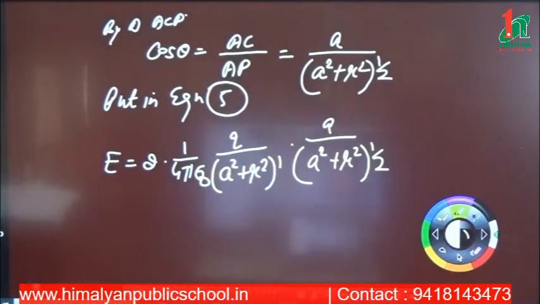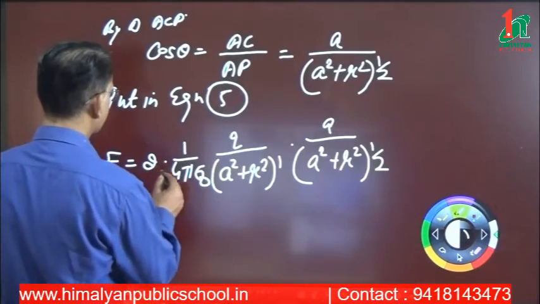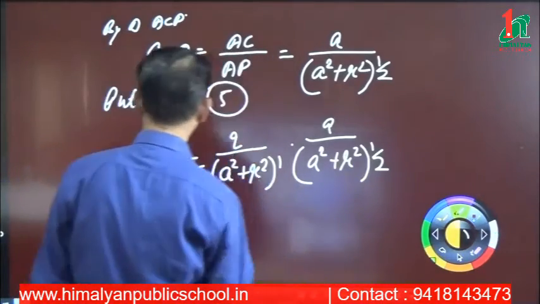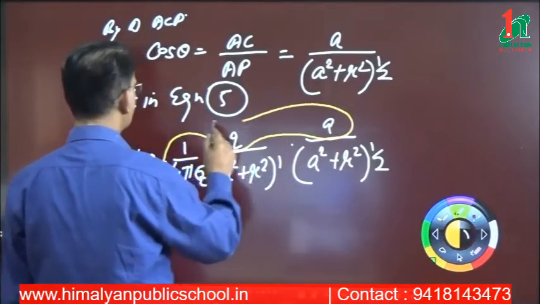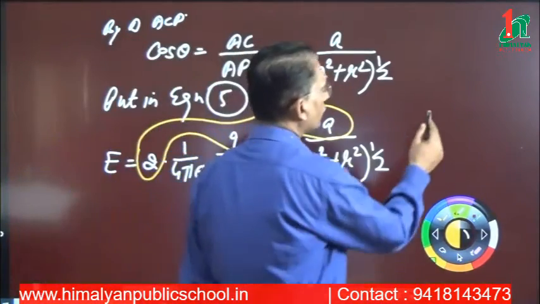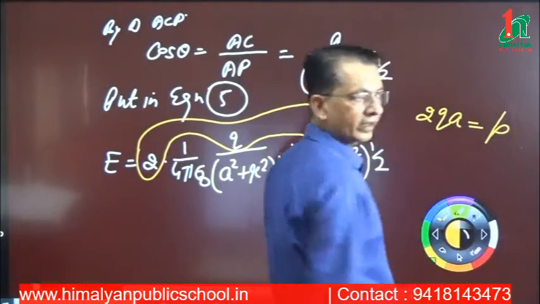Base same हो तो power add होती है. Also this is 2, this is q, this is a, or you know 2qa is equal to p, the electric dipole moment.